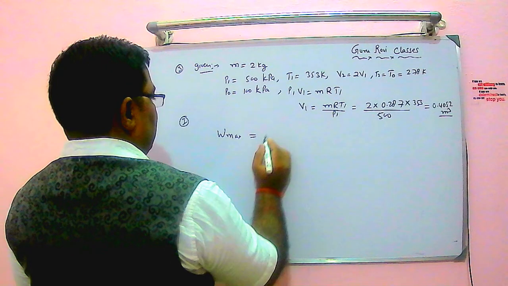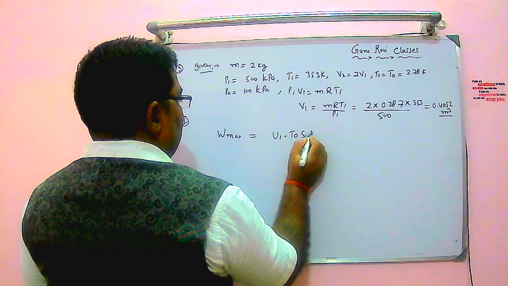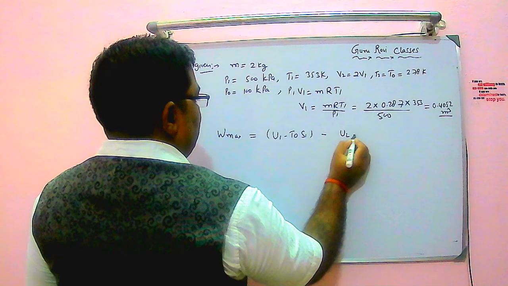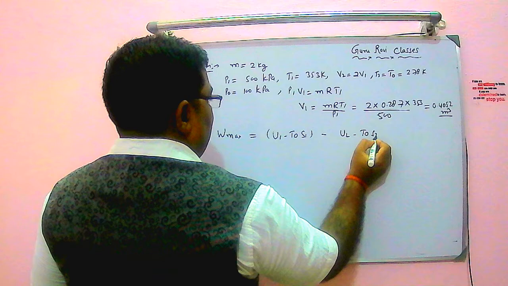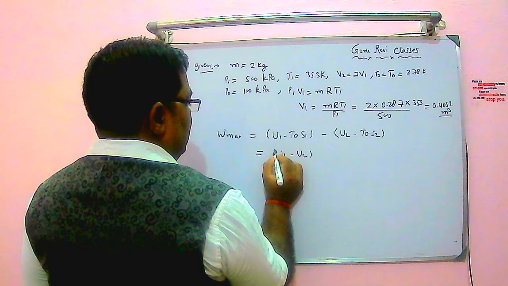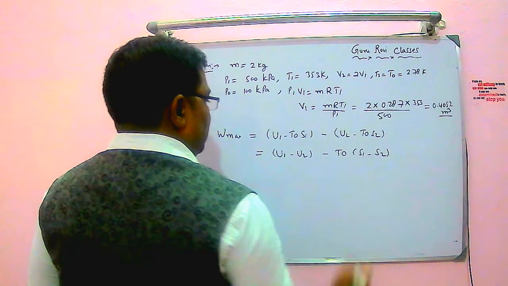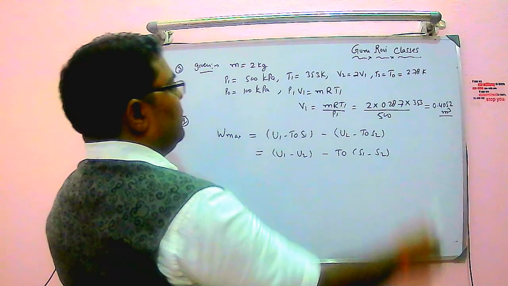It's nothing but U1 minus T naught S1 minus U2 minus T naught S2. So if you solve this, you can get U1 minus U2, these are all capital, minus T naught S1 minus S2. Just look at this.